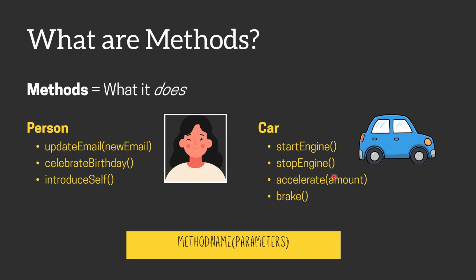Accelerate has the amount so that you know how fast you're going to accelerate that particular car. Now, if you're unsure whether something is a method, you're going to ask yourself, is this something the object can do or something that can be done to it? And if yes, then it's probably a method.